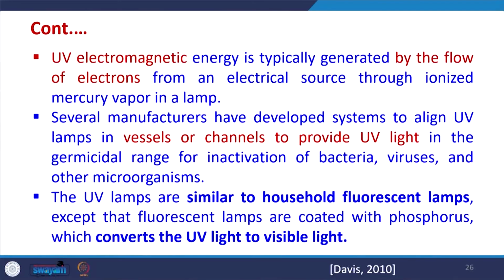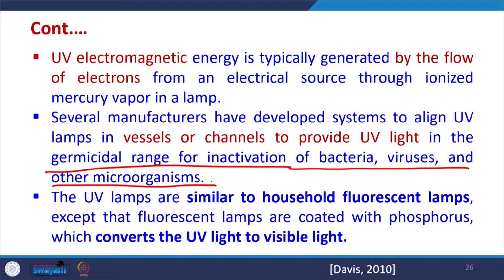So, UV electromagnetic energy is typically generated by the flow of electrons from an electrical surface through ionized mercury vapor in a lamp. Several manufacturers have already developed systems to align UV lamps in vessels or channels to provide UV light in the germicidal range for inactivation of bacteria, viruses and other microorganisms.